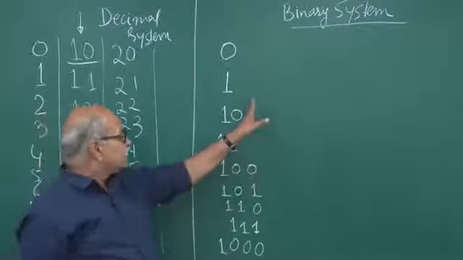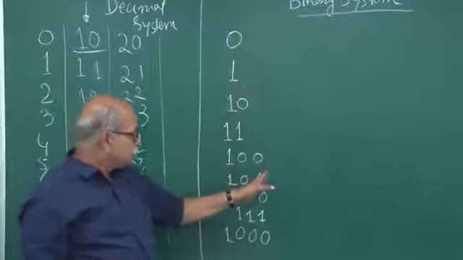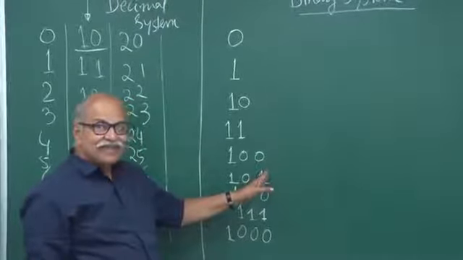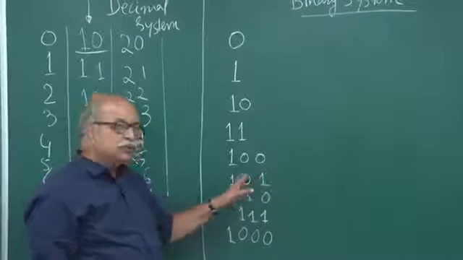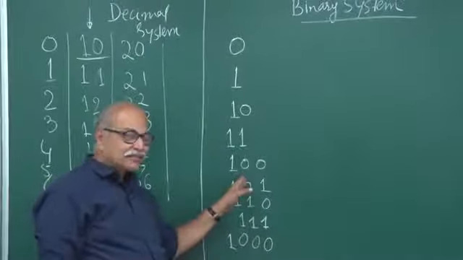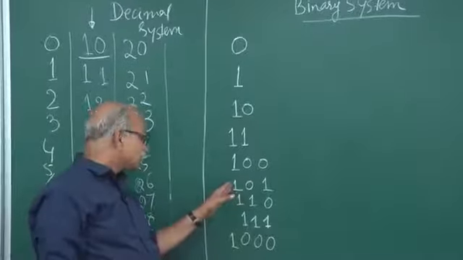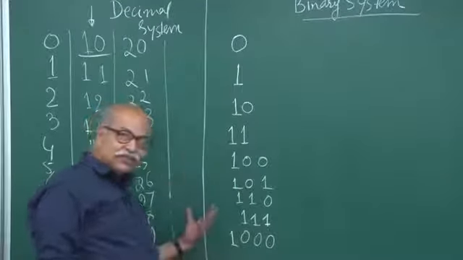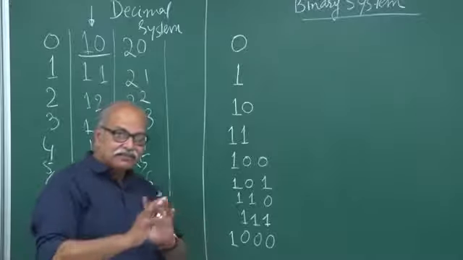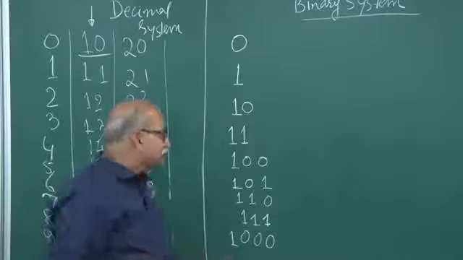So, the place value system is still there. You have that unit place and not tens place, this will be 2's place, and then this will be 2 squares place, and this will be 2 cube place, and so on. So, you can have that conversion, that numbers.